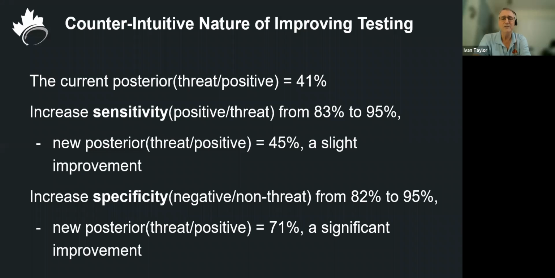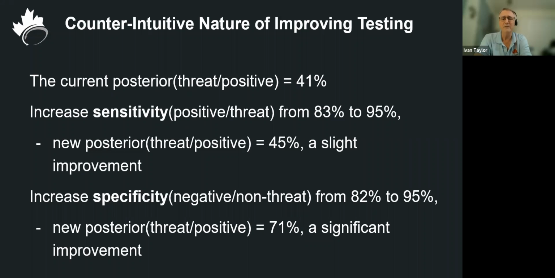But if you increase the specificity, that is the probability of a negative test given a non-threat, from 82% in the previous case to 95%, you get a new posterior of 71%, which is a significant improvement over the current situation. And so it's interesting that improving the ability to distinguish non-threats actually improves the quality of your test.